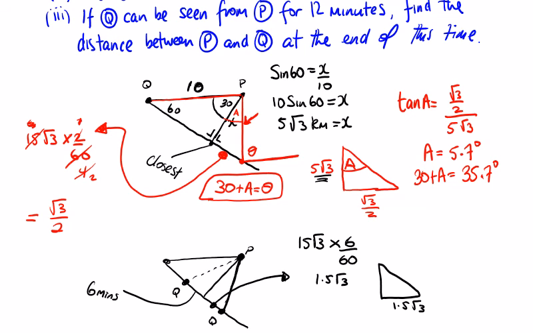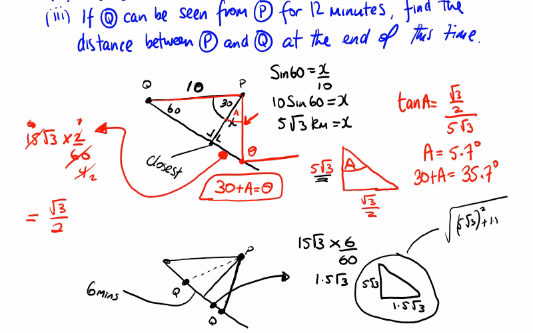The side was 5 root 3. So just using Pythagoras, the distance between P and Q is the square root of 5 root 3 squared plus 1.5 root 3 squared. And if you put that into a calculator, it comes out as 9.04, and that is in kilometers.